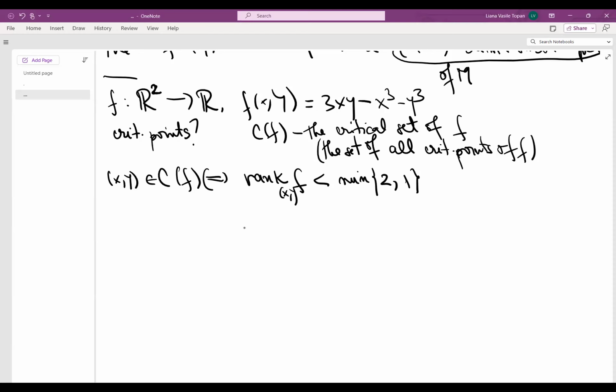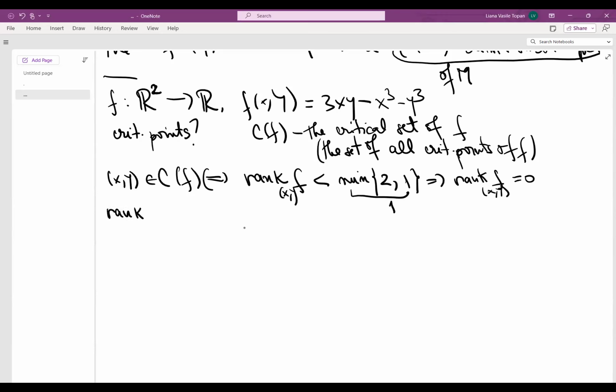Now this minimum is 1, so strictly less means that the rank must be 0. So this point with coordinates (x, y) is critical for our map f if the rank of f at the point is 0. Now, what is the rank of f?